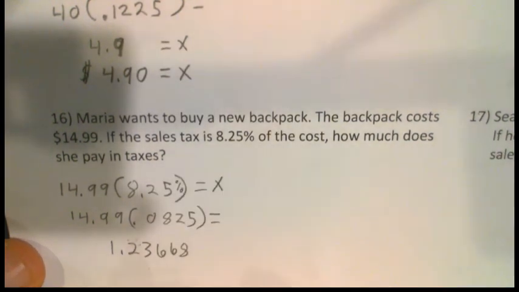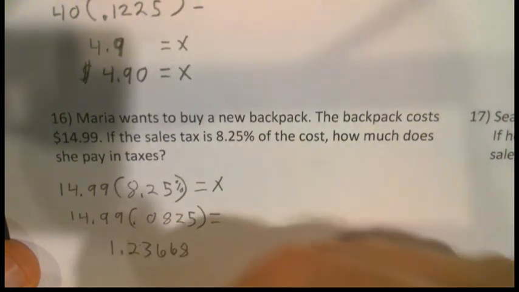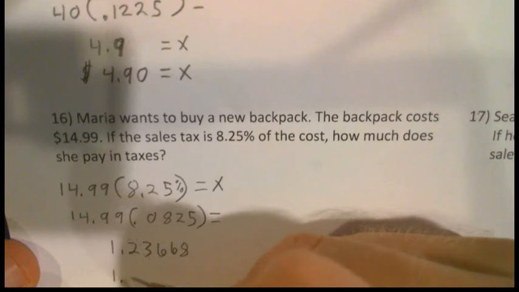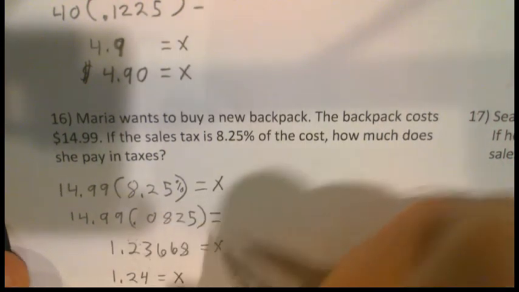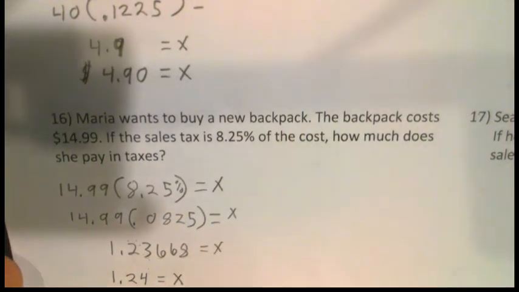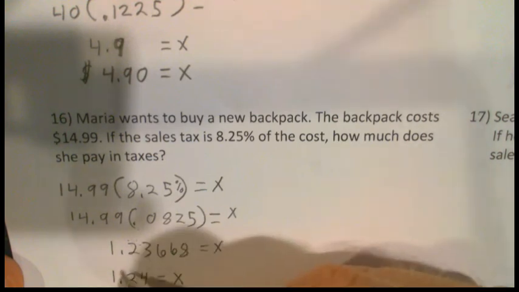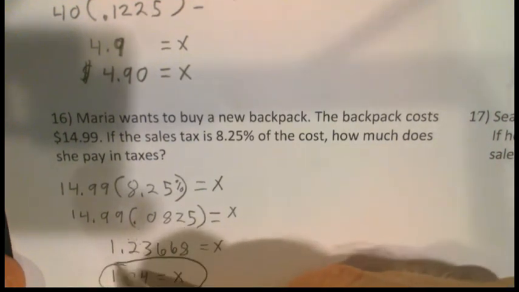Alright, so we don't need all of these digits. We just want to the nearest hundredth spot. The number to the right of the hundredth spot is a 6, which means we add 1 to our number and drop everything to the right. That's going to give us $1.24. That's how much tax we're going to pay.